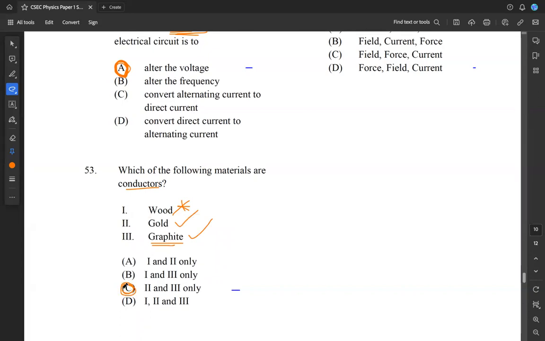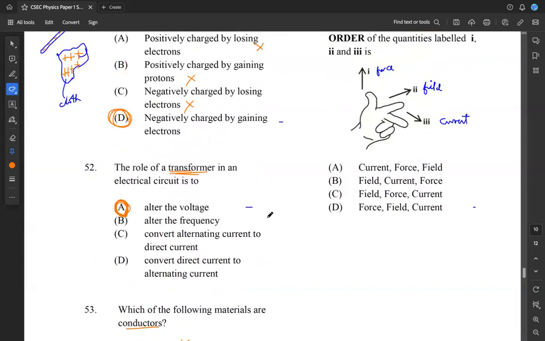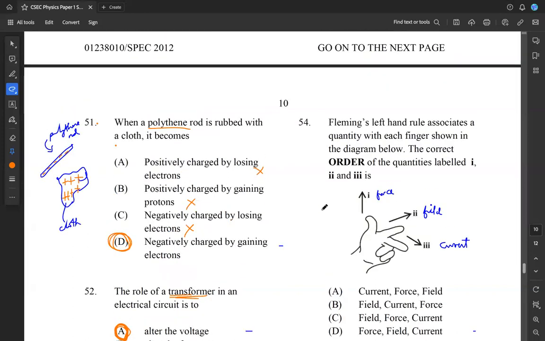All right, moving on to 54. It's asking us about Fleming's left-hand rule. Associate a quantity with each finger shown in the diagram below. The correct order of the quantities labeled 1, 2, and 3 is, and we have to select the answer down here.